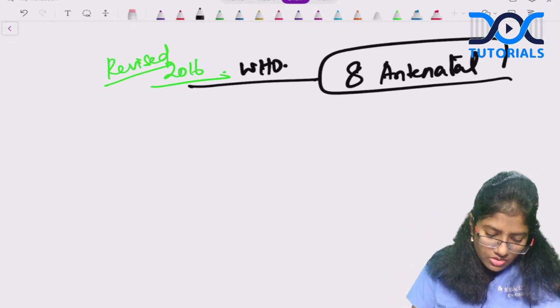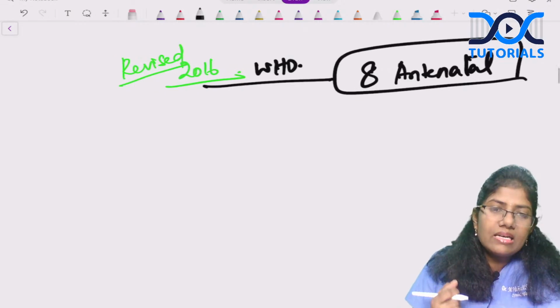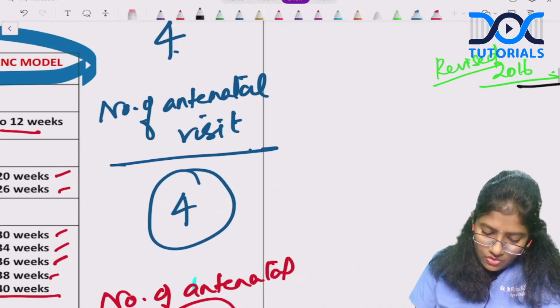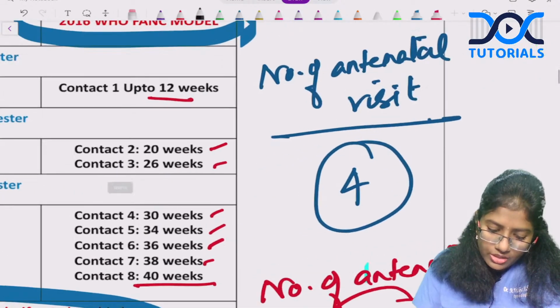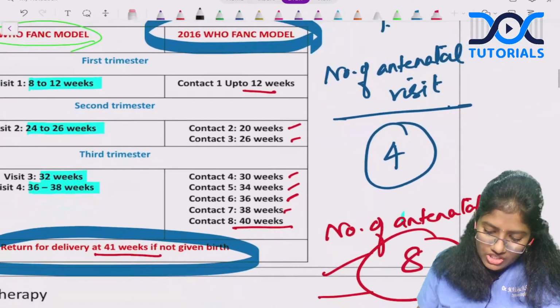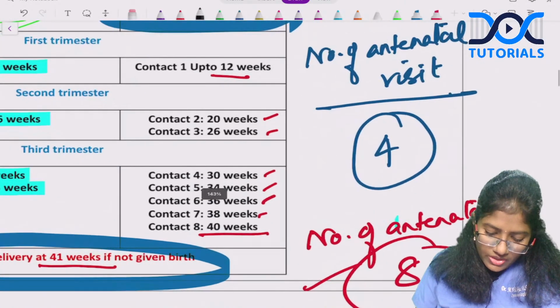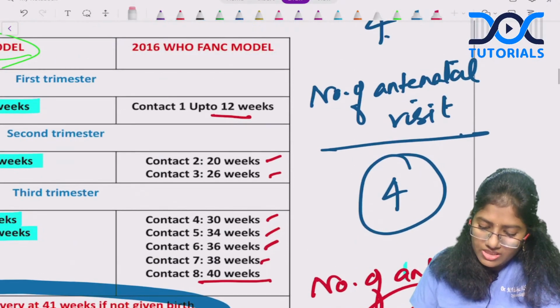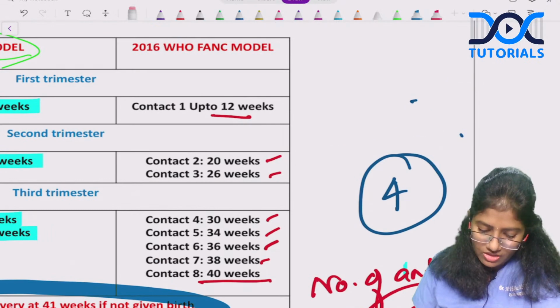So this question was there in the last FMGE exam. If it is going to be 8 visits, how will you schedule them? Just look at the chart here. In the first trimester there should be one visit within the first 12 weeks of pregnancy.